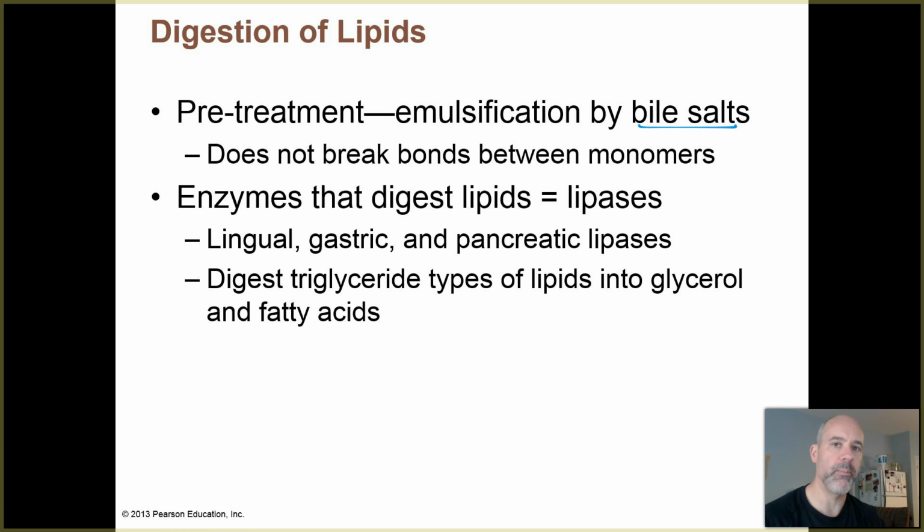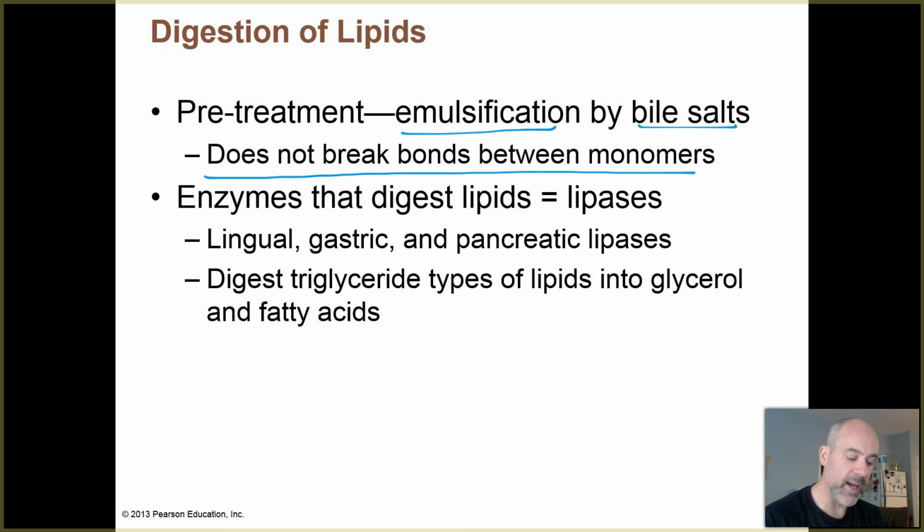So they help break apart big fat globules, and that's called emulsification. But notice what it's telling you here. Bile does not break the bonds between the monomers. So it's not digesting them, it's just helping to dissolve them or emulsify them in our body fluids.